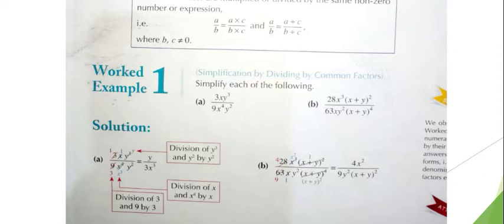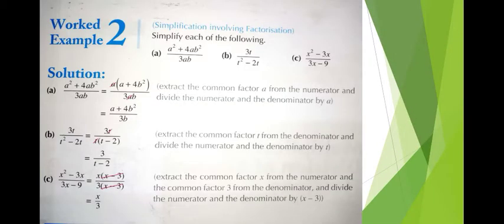So we have x plus y squared in the numerator and x plus y to the power of 4 in the denominator, and if you cancel them out, the x plus y squared in the numerator will be gone, and the x plus y to the power of 4 in the denominator will become x plus y to the power of 2, right? Because it's just 4 minus 2. So that's how I simplify algebraic fractions.